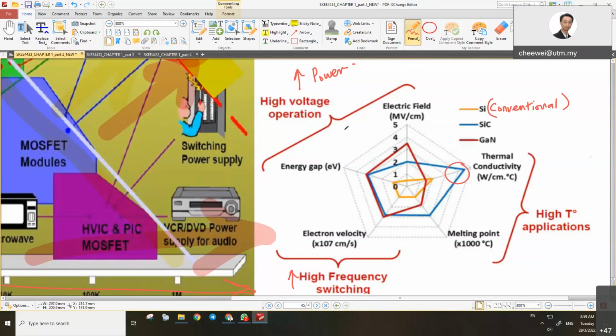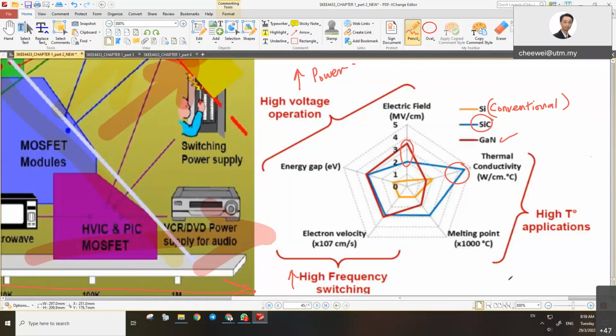But in terms of higher voltage and higher frequency, this one is good. And overall, the total winner goes to silicon carbide because in all these three, it's very good. But if you compare in terms of this, it's a bit smaller, but still much better than the conventional silicon.